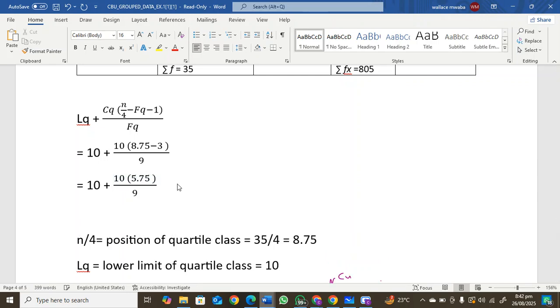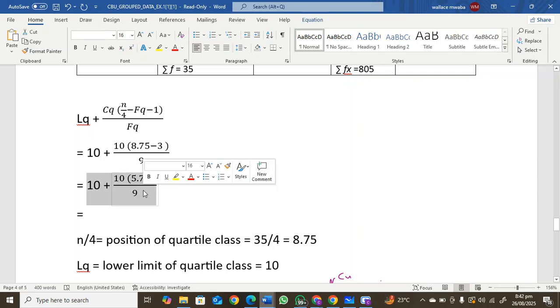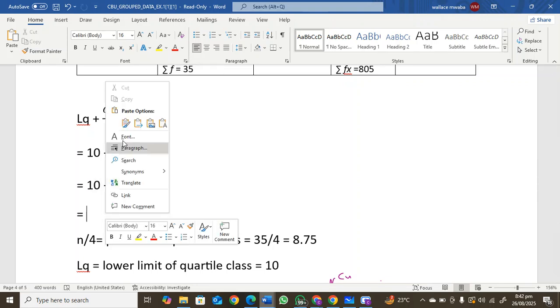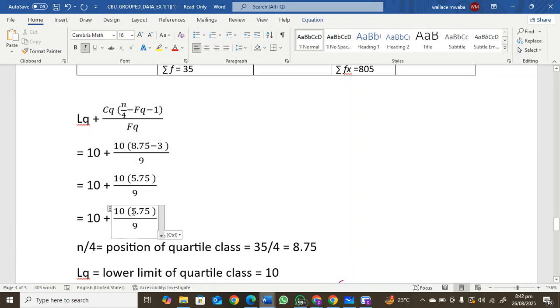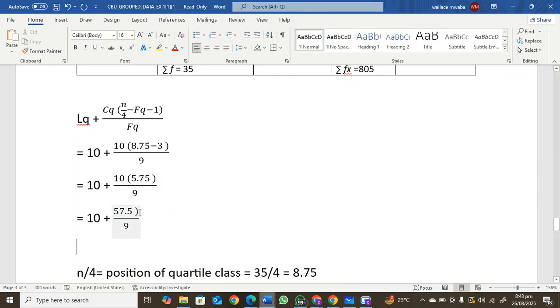Then 10 times 5.75 is 57.5, divided by 9. What is 57.5 divided by 9? 6.388.